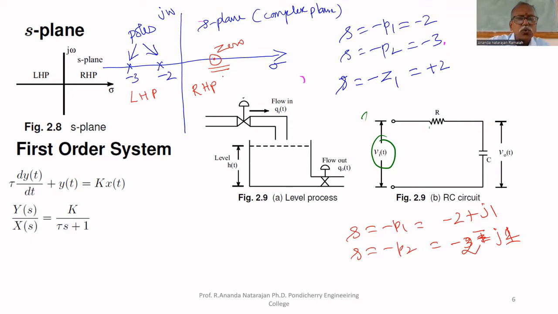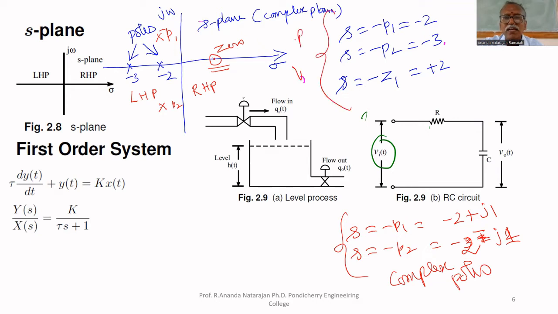So minus 2 plus J1, this pole P1 will be here, and minus J will be here, P2. So it may be complex poles also. Here P1, P2 are called complex poles. Here the poles are real poles, only the real part alone is there. That's why they are called real poles.